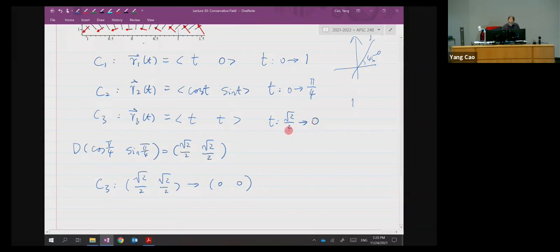So t goes from root 2 over 2 to 0. So when we integrate in the next step, you can integrate from root 2 over 2 to 0, and that is equivalent to the negative of the integral from 0 to root 2 over 2. Does that make sense? So that's how you can construct this parametric equation for C3.